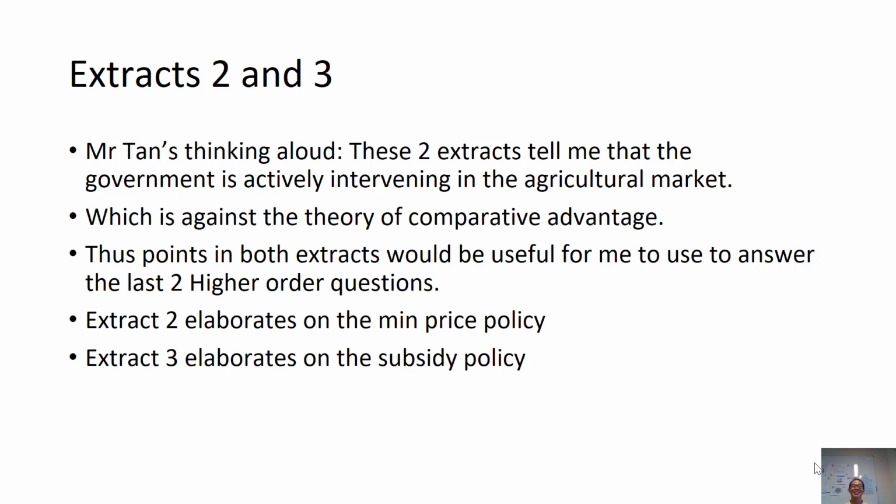The law of comparative advantage is more like a free market policy, where countries specialize according to comparative advantage, produce the good in which they have a comparative advantage and trade, and they would gain. Every country would gain. However, that assumes little government intervention. But when I read extracts 2 and 3, I realize that the Indian government is doing so much intervention.